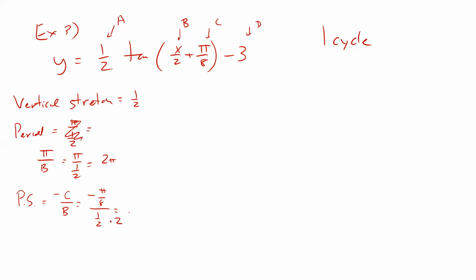So multiplying by 2 here, multiplied by 2 here, that crosses that out. And I have a negative pi over 4, the phase shift. And I have a vertical shift. That's going to be 3 units down. Oof, okay.